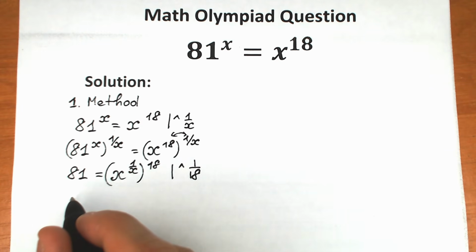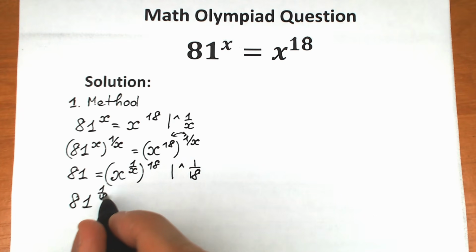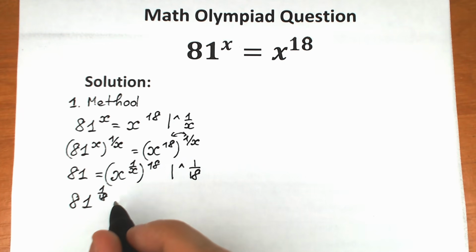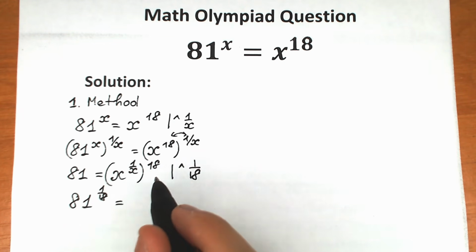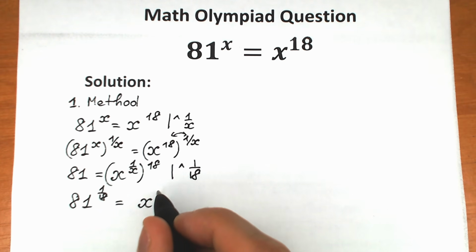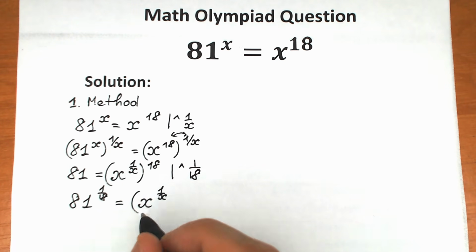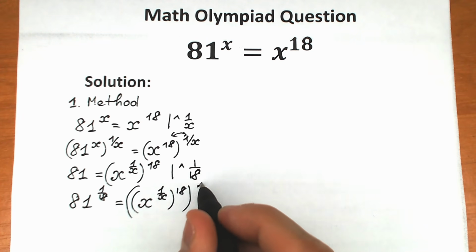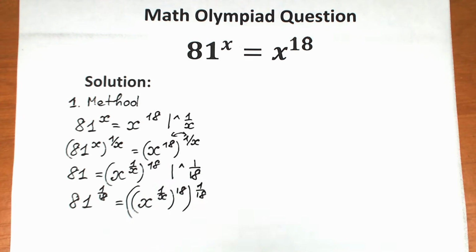So we have 81 to the power 1 over 18 on the left hand side, equal to x to the power 1 over x, all to the power 18, and we raise all of this to the power 1 over 18. I hope you understand this step.